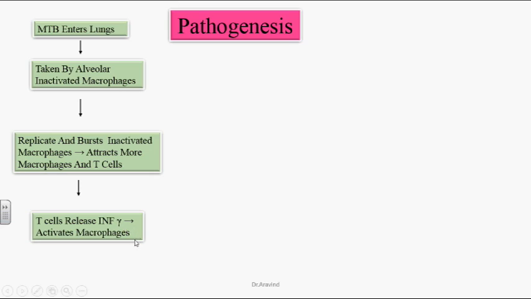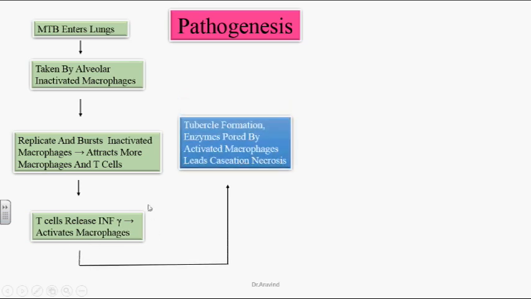These interferon gammas activate the macrophages. Whenever the macrophages are activated, these activated macrophages surround the infected macrophages, and by surrounding them they make a granuloma formation. These granulomas in tubercular infection we call tubercles.